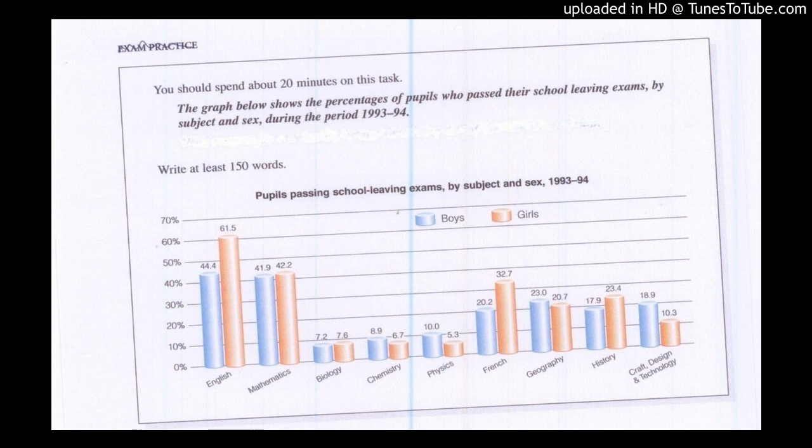Next sentence, the difference. Let's change this. I think we can make this better. This substantial difference in performance between boys and girls can also be seen in history, where the girls achieved a pass rate of over 23%, whereas the boys could only achieve less than 18%.